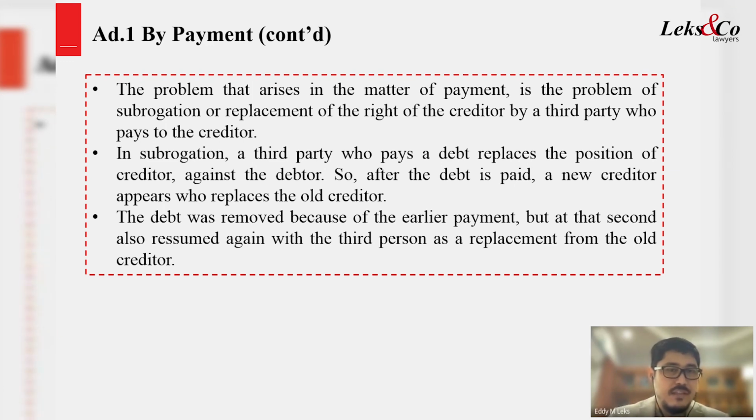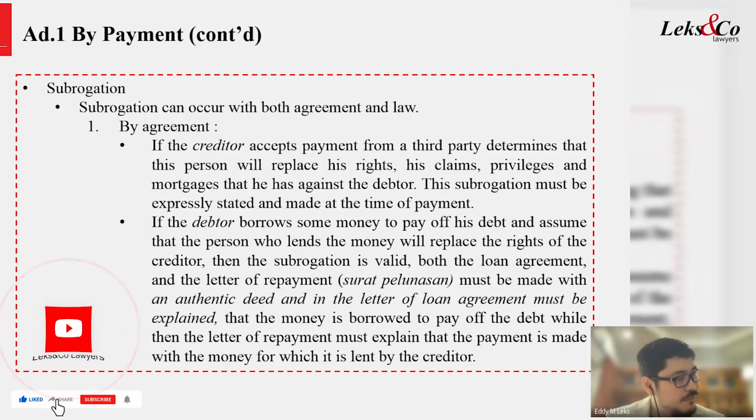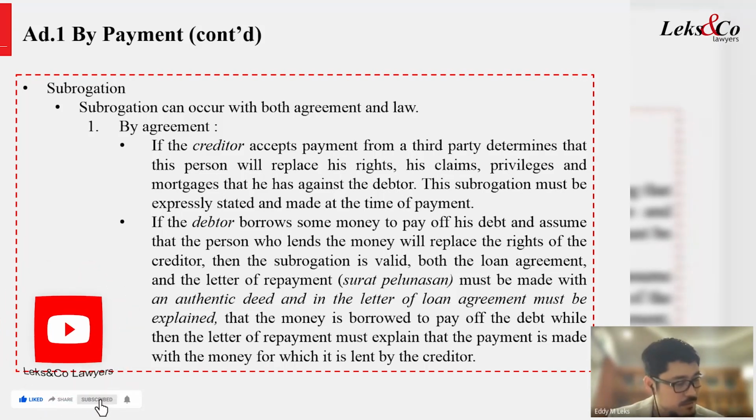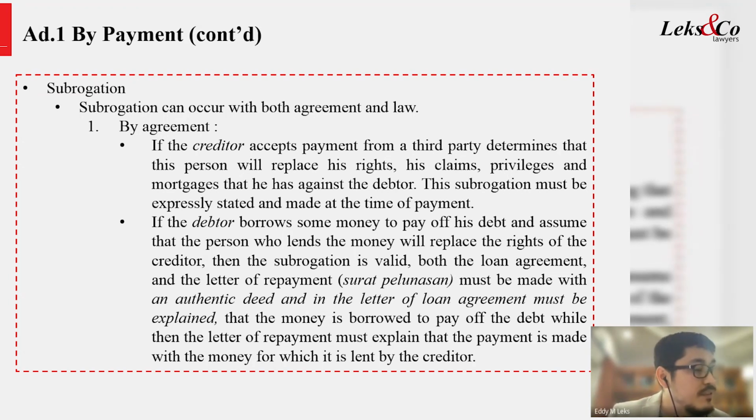Okay, let's try to see this. So subrogation can occur based on agreement and based on law. So if you want to understand and see further these provisions, you should look at 1401 and 1402 and 1403. Yeah, so it's only 1400, ya.